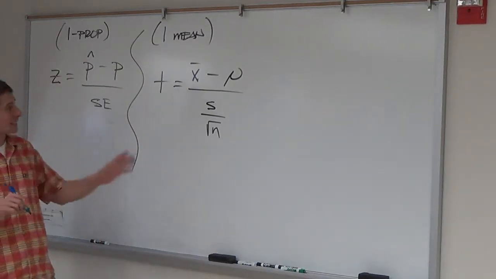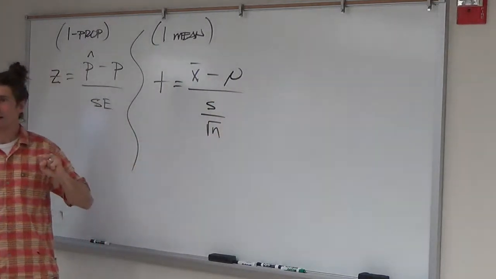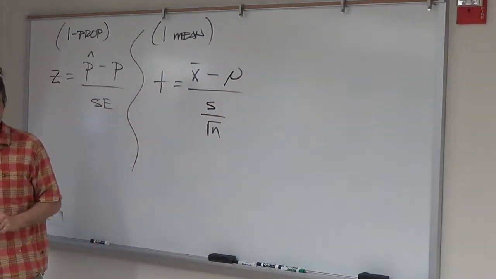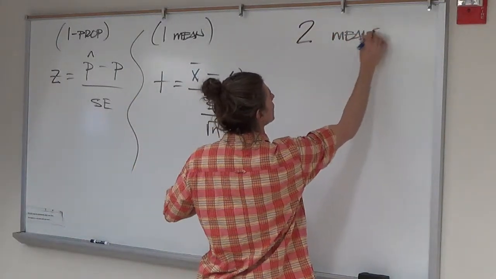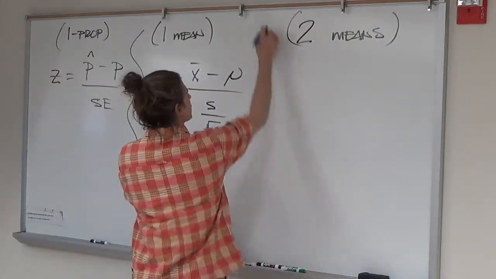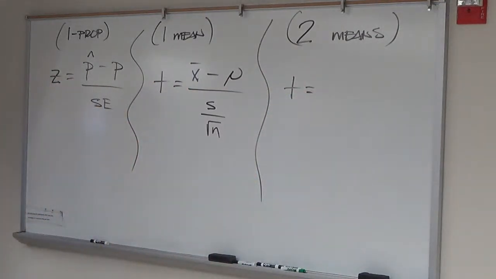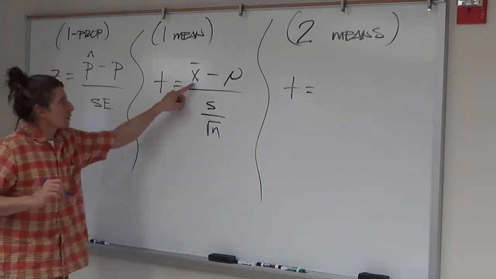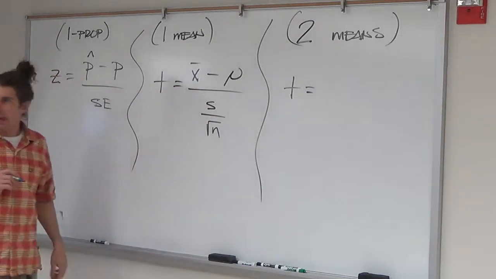So let's see if we can take this and build a test statistic over to here. Okay? So, how about two means? What would we do with two means? Well, it's still going to be a t-score. It's going to be one t-score. The problem is, we had one x bar in the last one, yes?